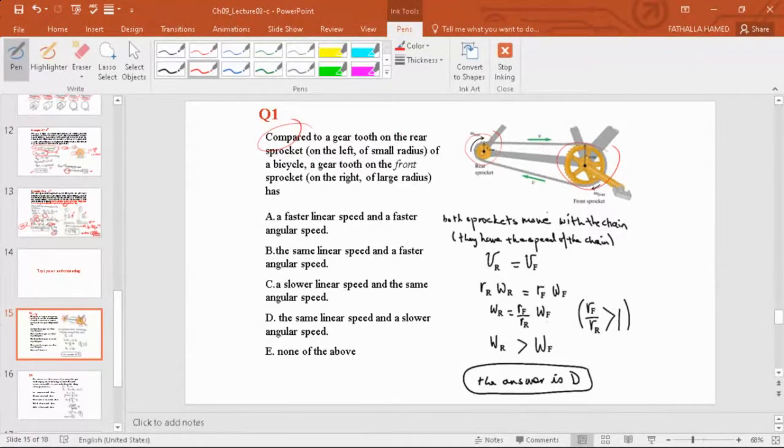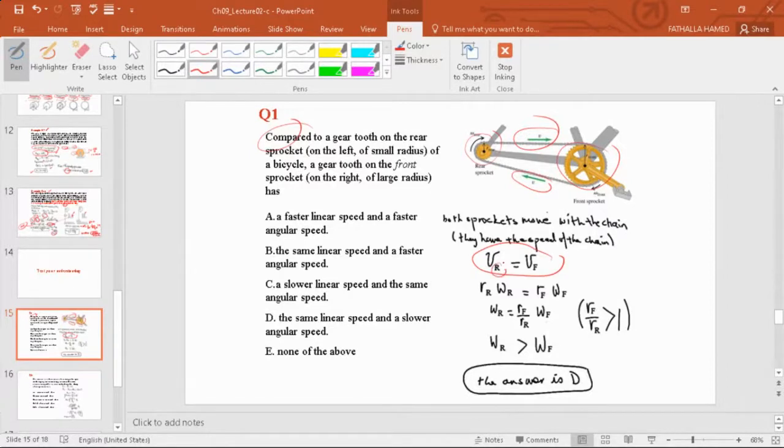Now, we know that they're connected by a chain. The chain is going to have the same linear speed. You cannot say velocity because they have different directions, but it's the same linear speed, or tangential speed. So that's why we say the v rear equals v front.